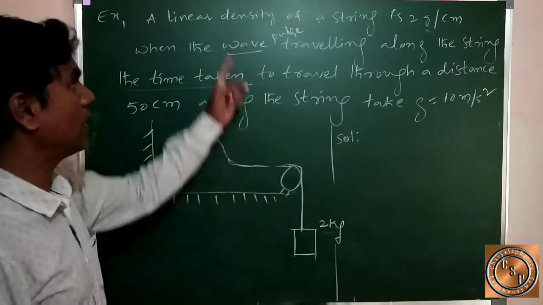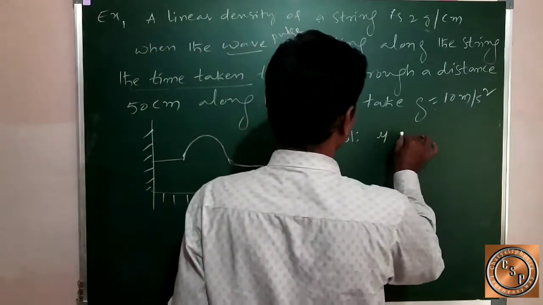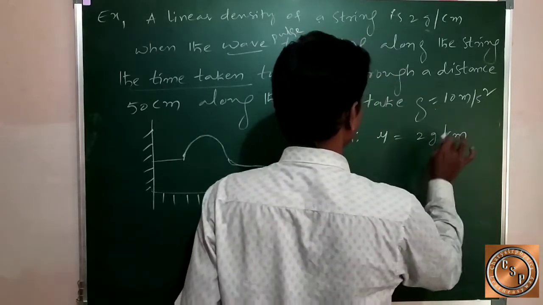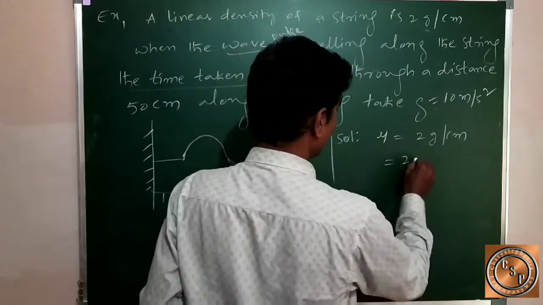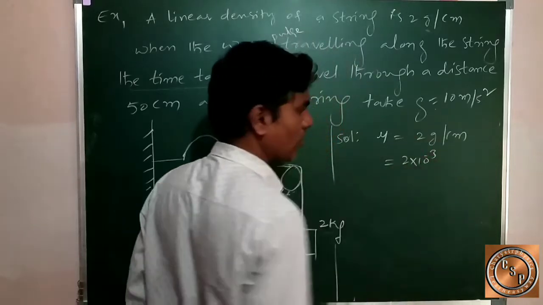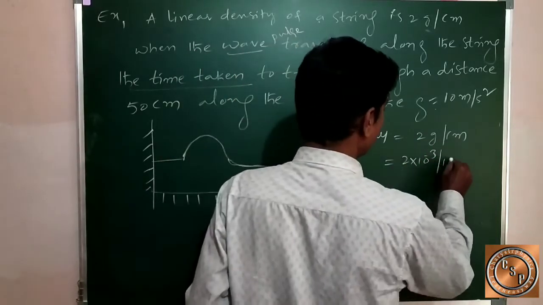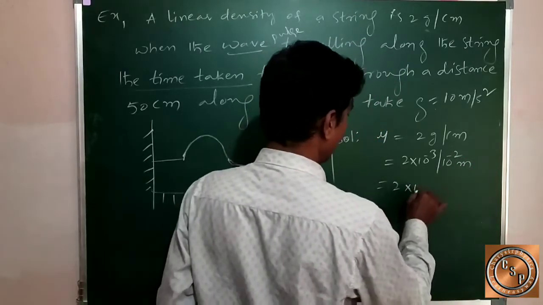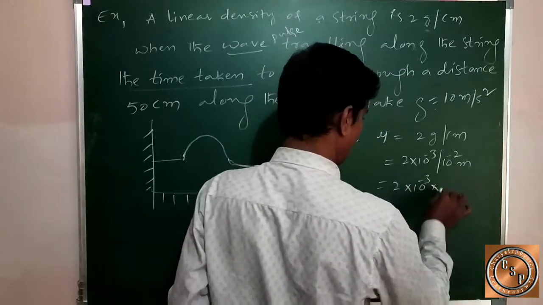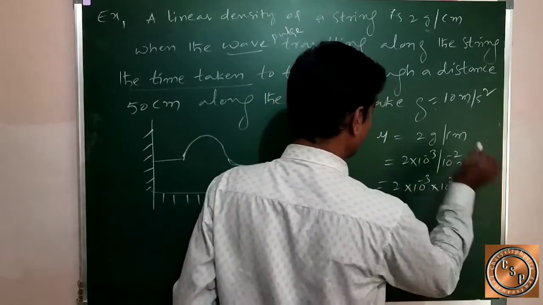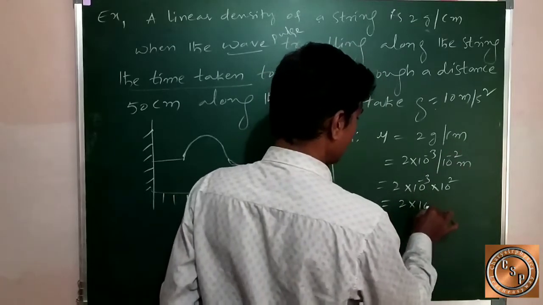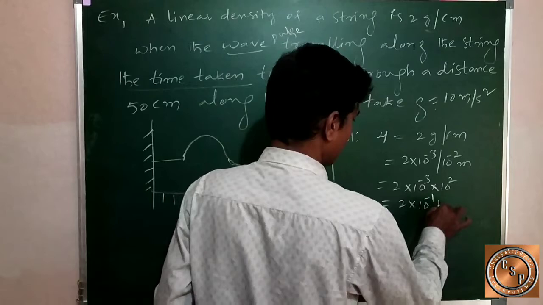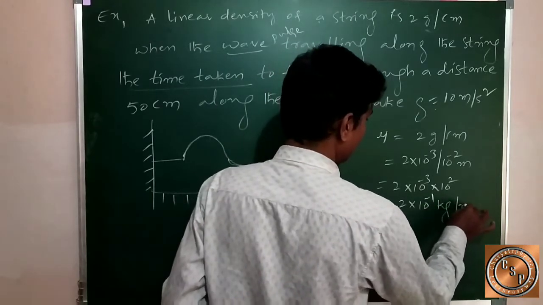What values are given? Linear density, that is mu. Mu equal to 2 grams per centimeter. You should convert: 2 into 10 power minus 3 kilograms per centimeter, that is 10 power minus 2 meters. Finally 2 into 10 power minus 3 into 10 power 2, so that is 2 into 10 power minus 1 kilograms per meter.